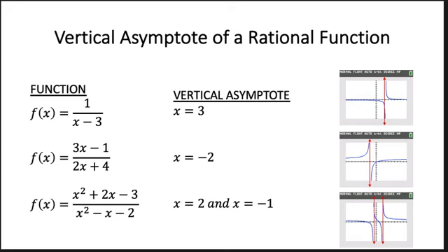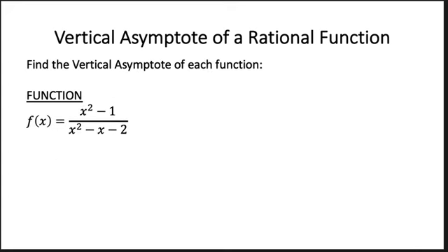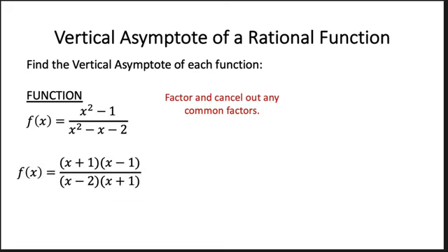But if you'll remember, we talked about that the rational function has to be simplified. The top and the bottom can't have any common factors. Let's look at what happens when they do. So here's another example, and we want to find the vertical asymptote of this function, x squared minus 1 over x squared minus x minus 2. The first thing we're going to do is factor and cancel out any common factors.